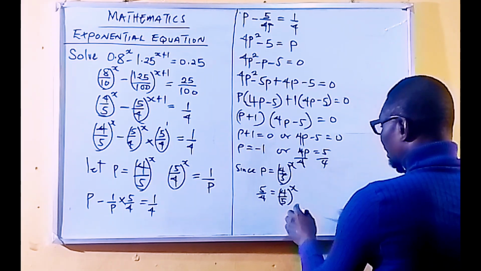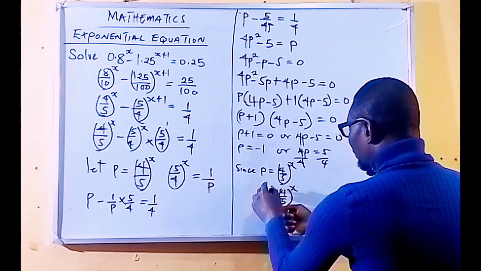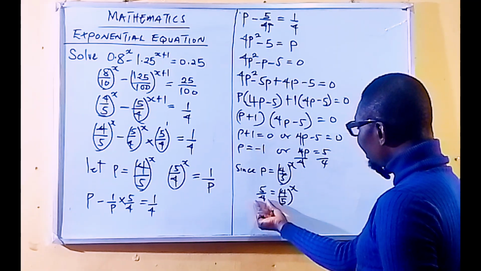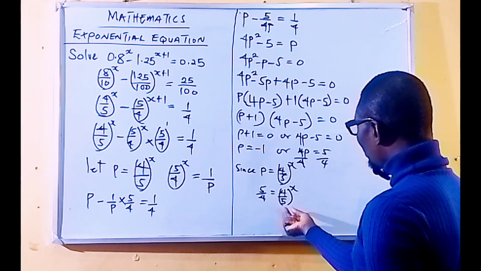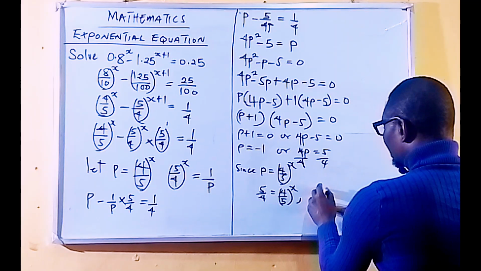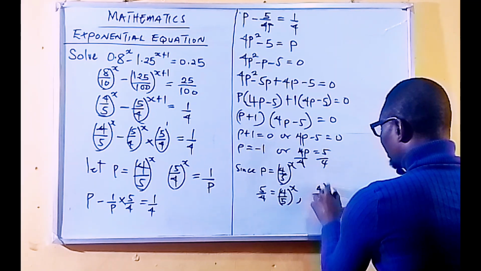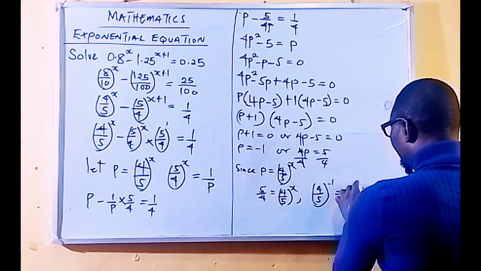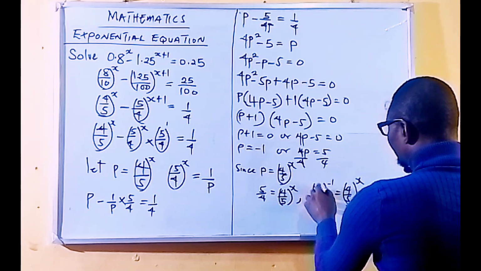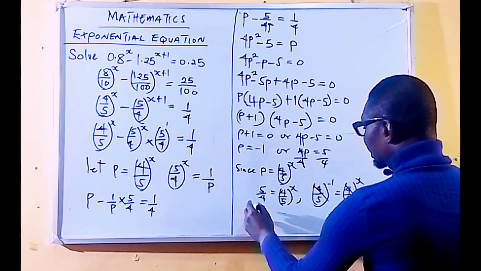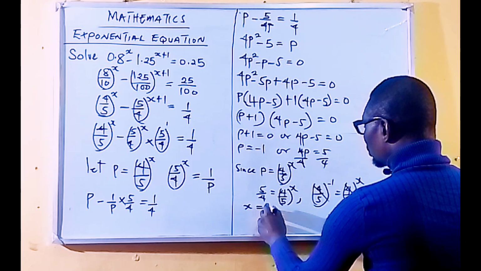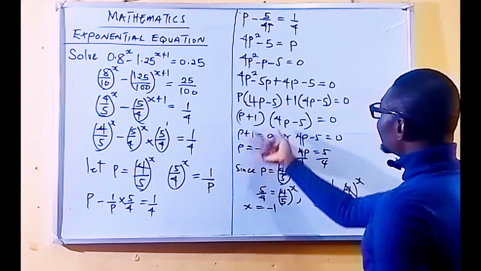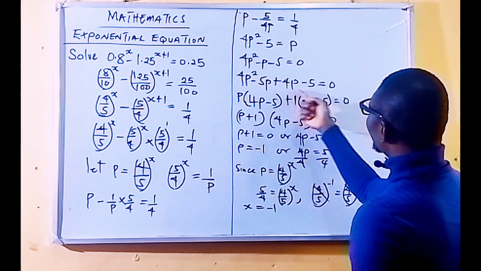So at this point, to make the bases the same, we can make 5 over 4 the inverse of 4 over 5, which is 4 over 5 raised to the power of minus 1, equal to 4 over 5 raised to the power of x. Therefore, if we cancel the bases, x is equal to minus 1.